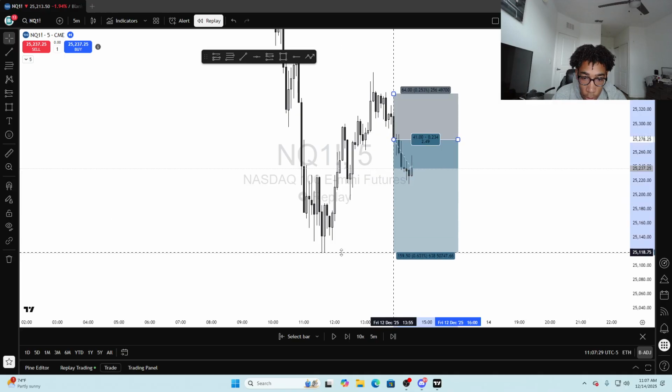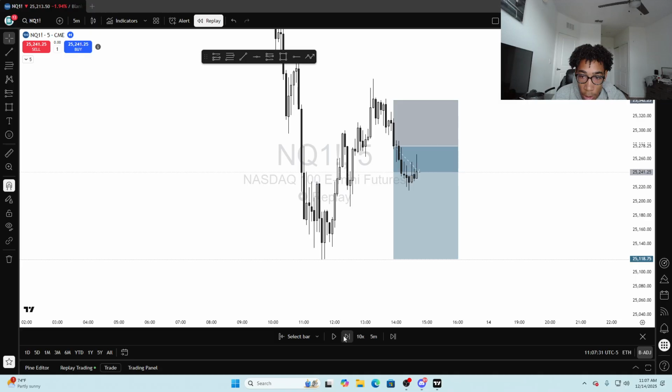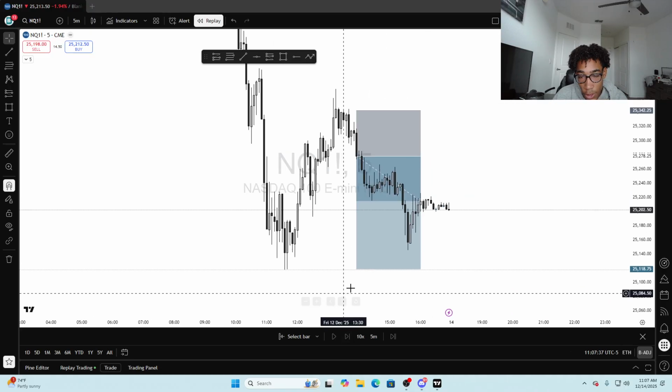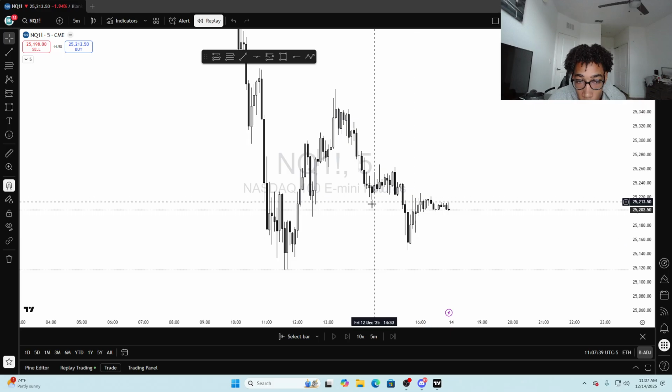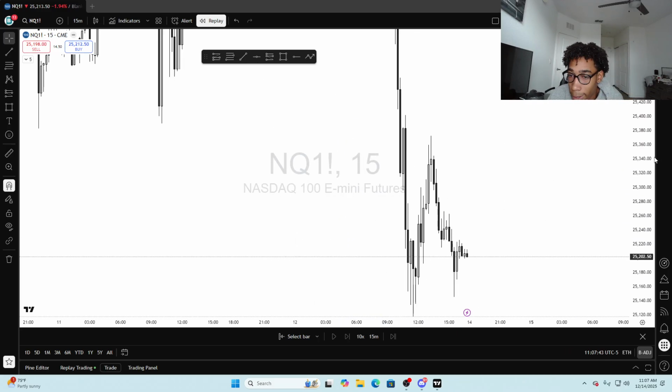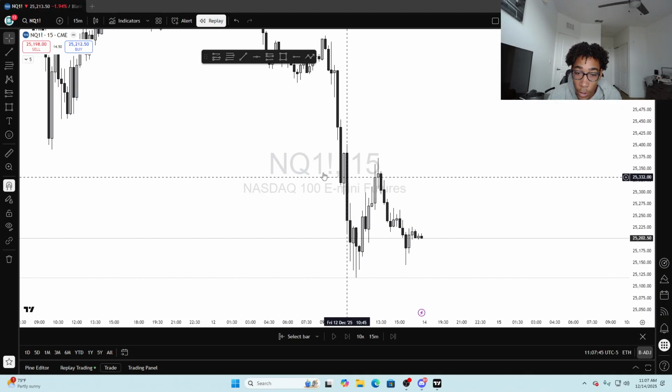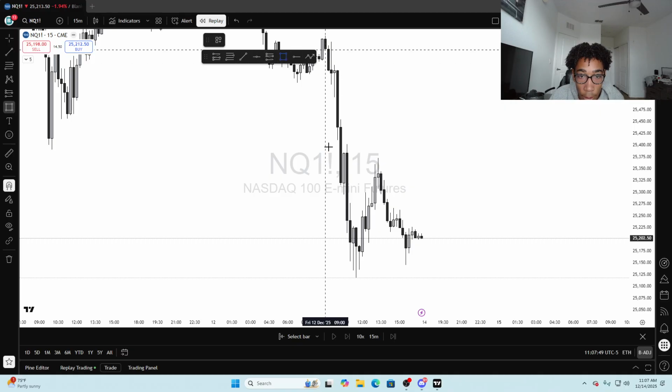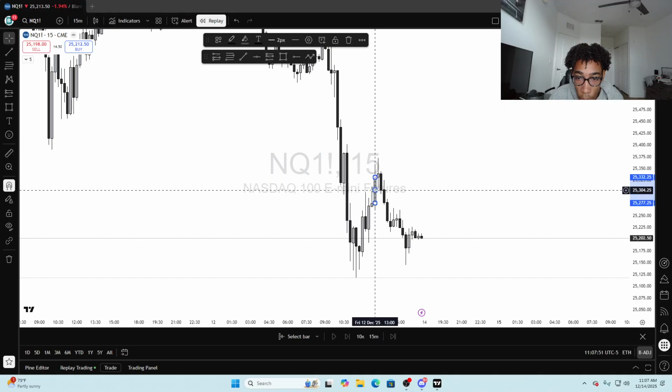And rejection blocks is also something that is seen for CRT, which is something that I don't necessarily trade, but it naturally works. For example, we have this range right here, this candle, right?